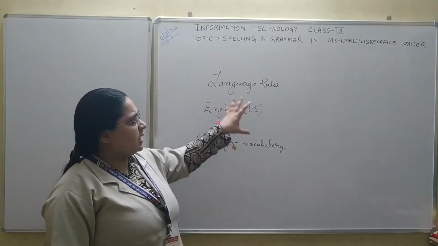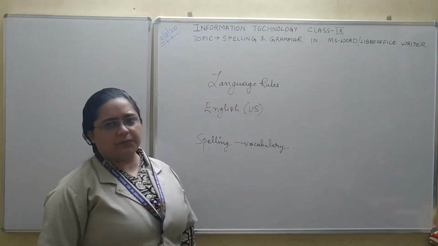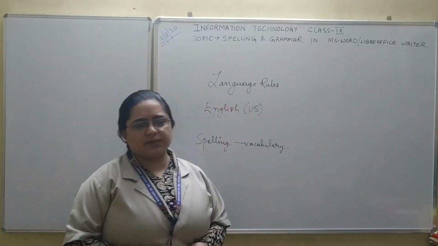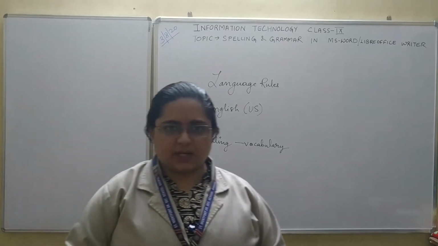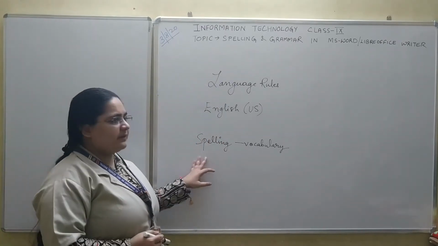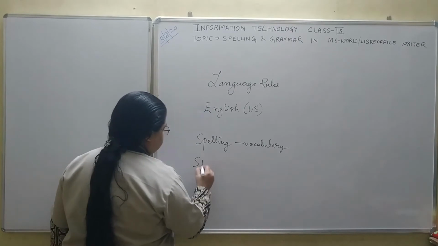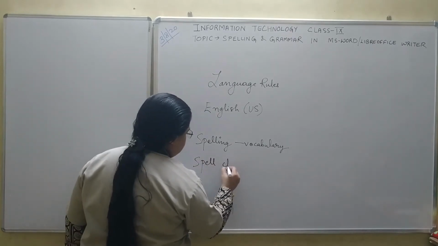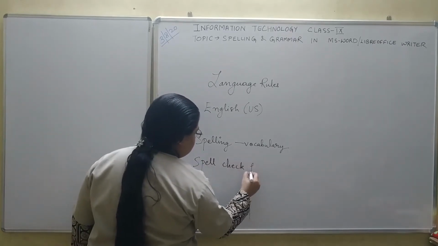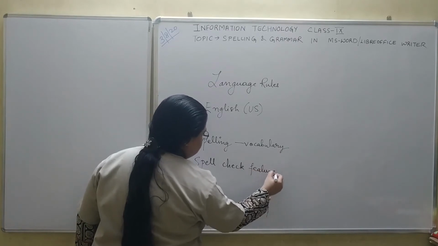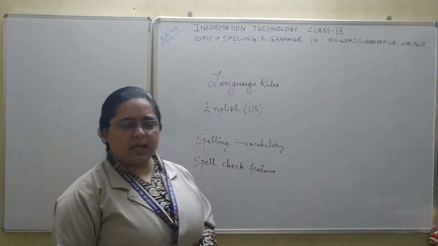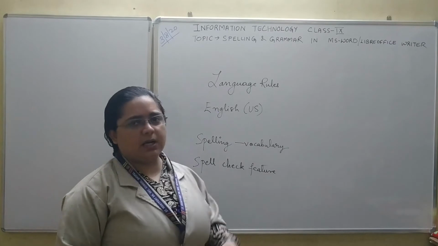Most such software, like MS Word, LibreOffice Writer or OpenOffice Writer, have a spell check facility. This spell check feature enables us to check the spellings in our document.